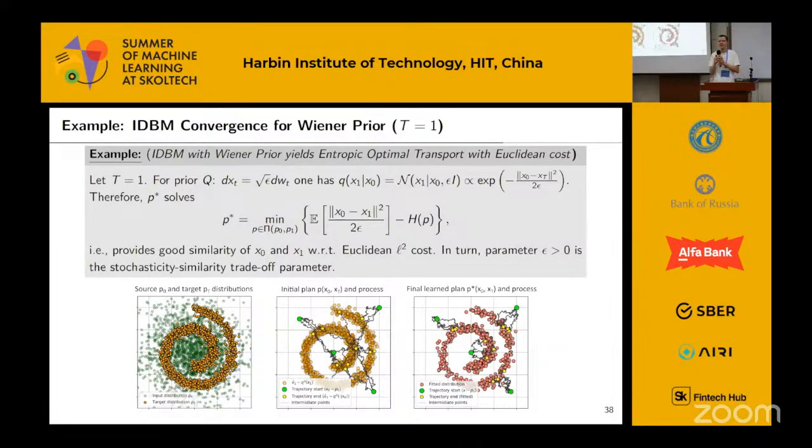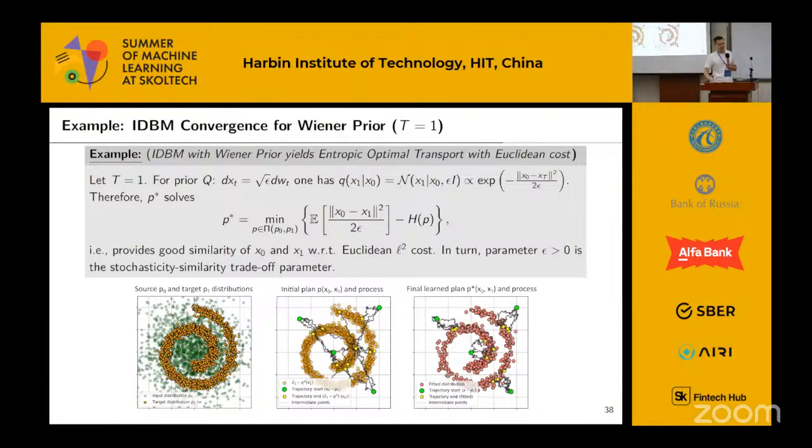So basically, it finds the transport of distribution P0 to distribution P1, which is the best in the sense of preservation of the content of the data, when this content is measured by the L2 difference between the input point and the end point, plus some entropy term, entropy regularization.